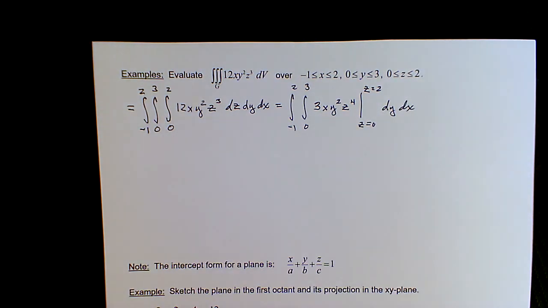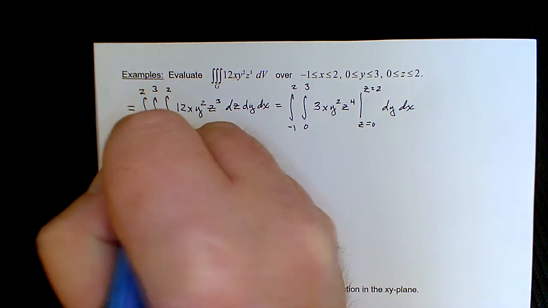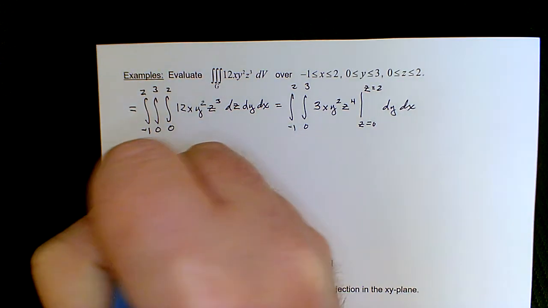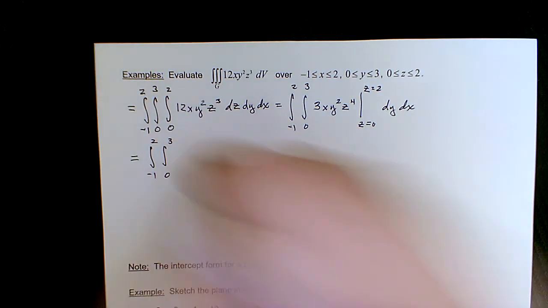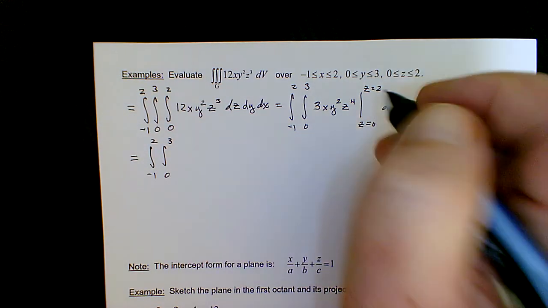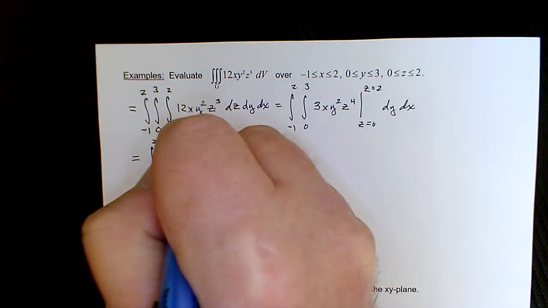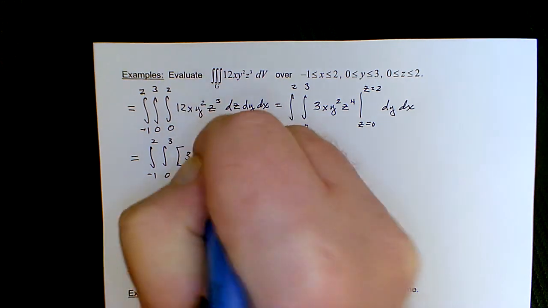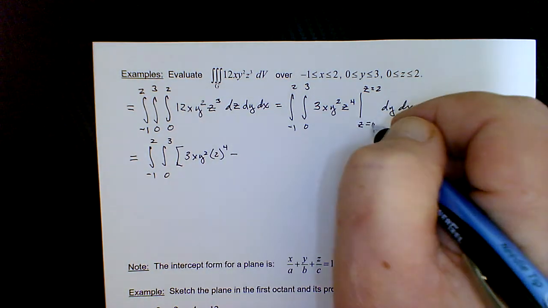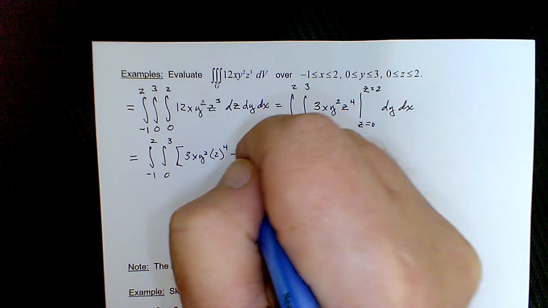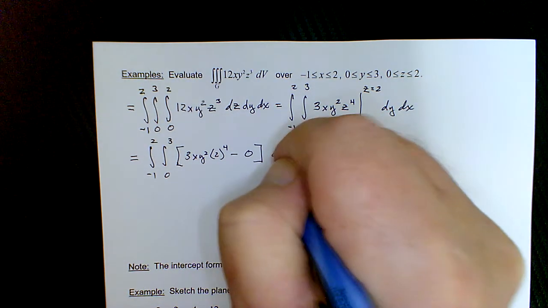And then the fundamental theorem of calculus, recopy integral -1 to 2, integral 0 to 3, and upper limit goes in, so 3 times 3xy squared times 2 to the fourth minus lower limit goes in, I'm just going to write a big 0, and that's with respect to y.